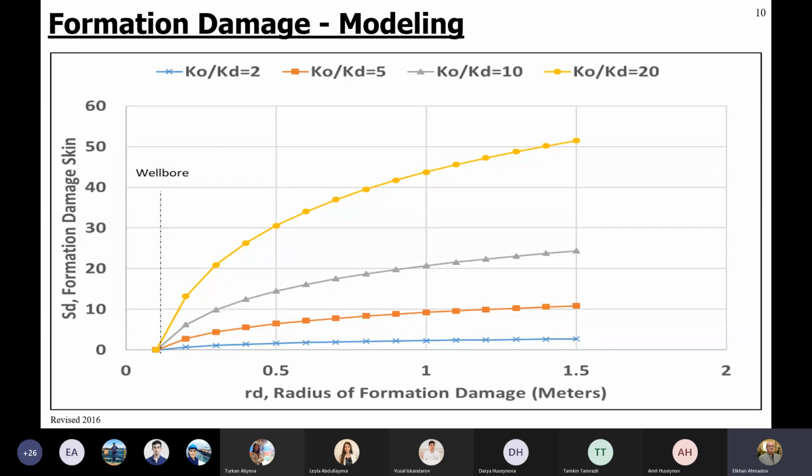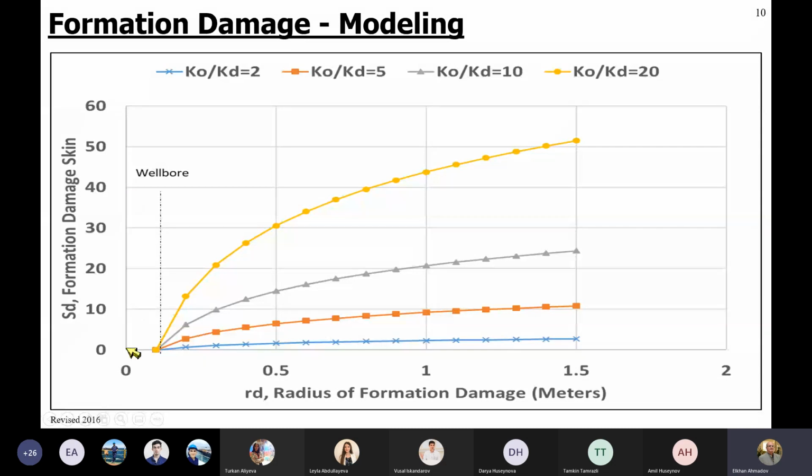So if we consider it, well, it's shown here. Let me show here. You can see this is the wellbore. This is not the center of the well, but the wellbore. The center of the well is here somewhere, or the zero line.